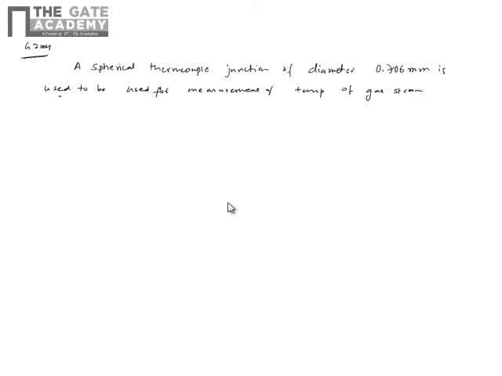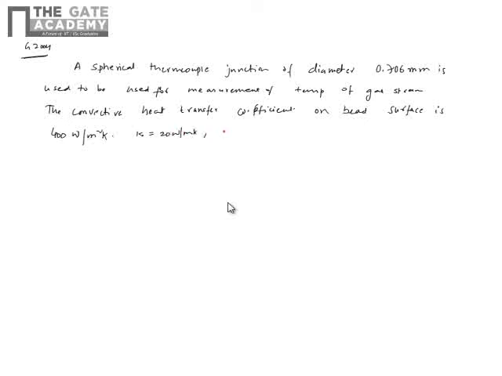The heat transfer coefficient on the bead surface is 400 watt per meter square Kelvin. Thermophysical properties: thermal conductivity K is 20 watt per meter Kelvin, specific heat is 400 joules per kg Kelvin, and density is 8500 kg per meter cube.